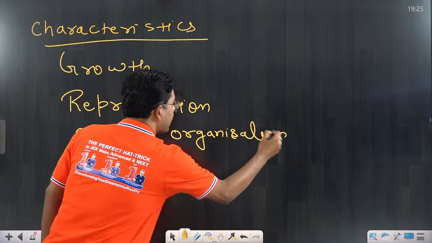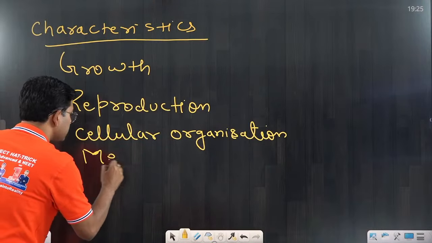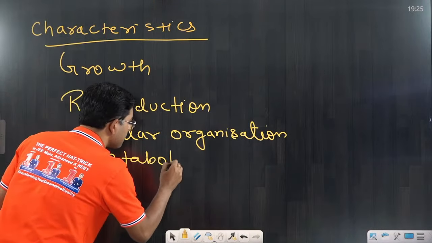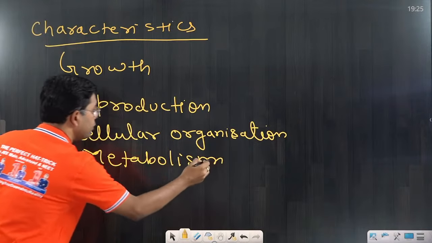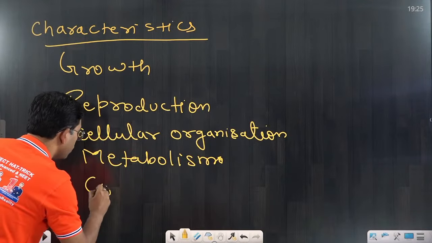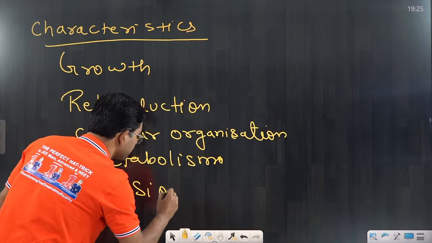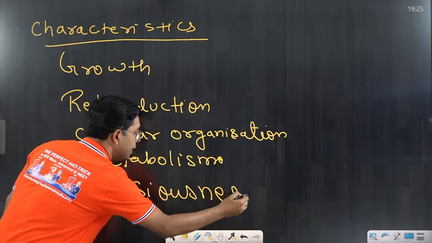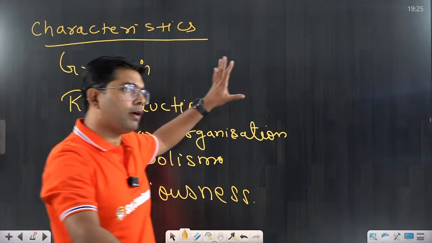Living organism character is metabolism. And living organism character is consciousness. Now let's see all these terms quickly one by one.